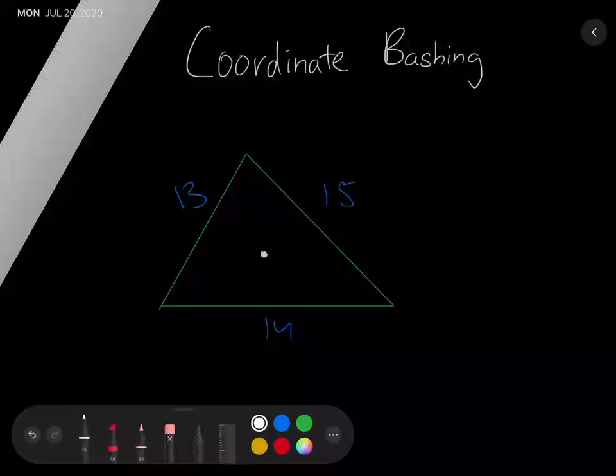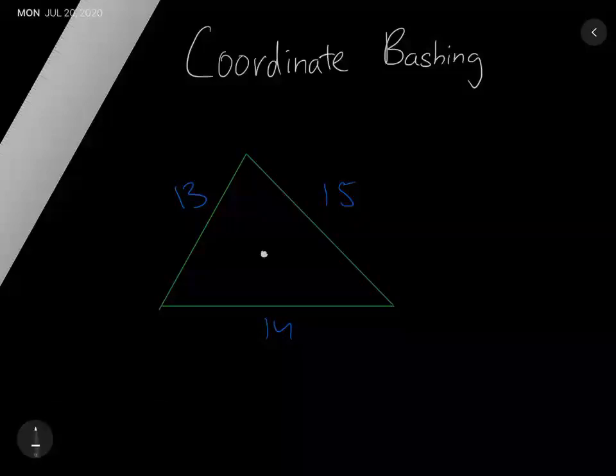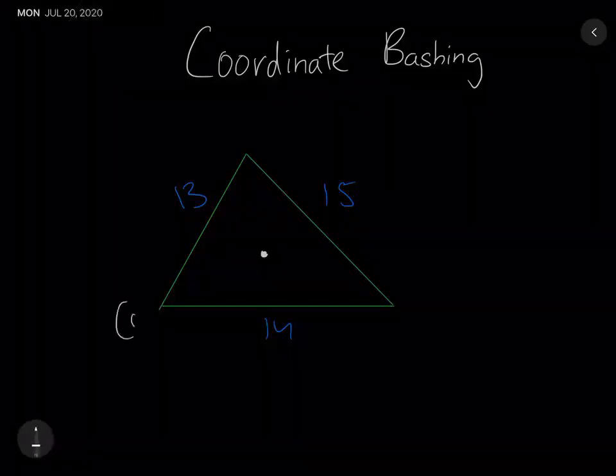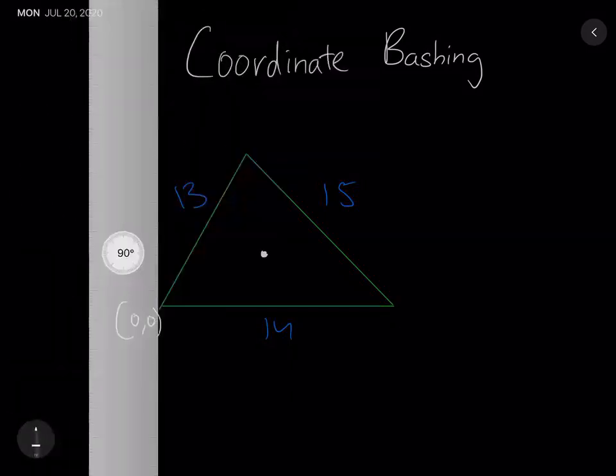For example, we can assign this point as the origin. So we're basically placing it on an XY plane that looks like this.